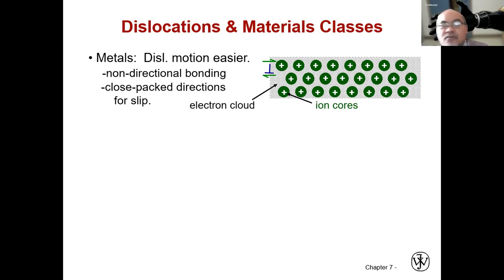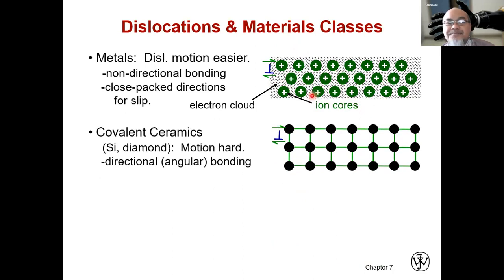Slip occurs in the close-packed direction. As we have learned in metallic bonding in chapter 2 or chapter 3, there is this electron cloud which can freely orbit between these ion cores, which have positive charge.